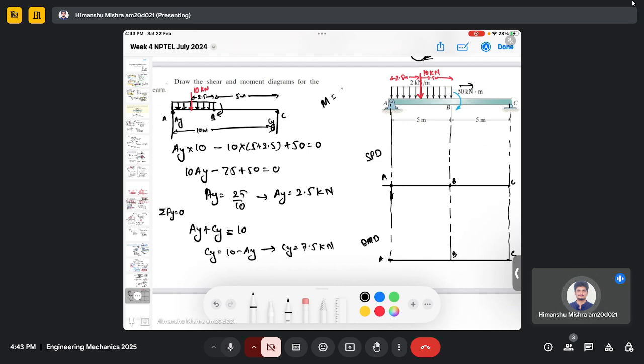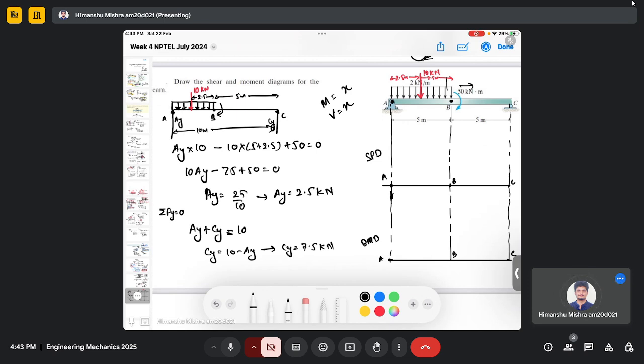I can write moment in terms of x, and I can write the shear force in terms of x. So if I increase x from A to B, I can see how my moment and force are varying from A to B. So if I cut somewhere between the UDL, I mean before point B, this might be my first choice of cutting.